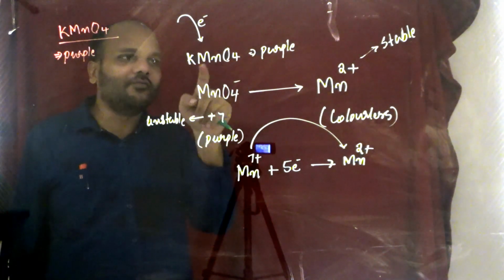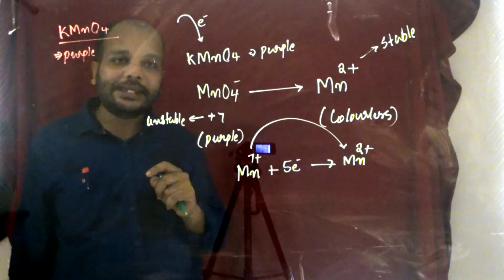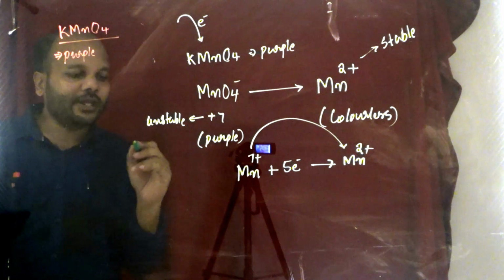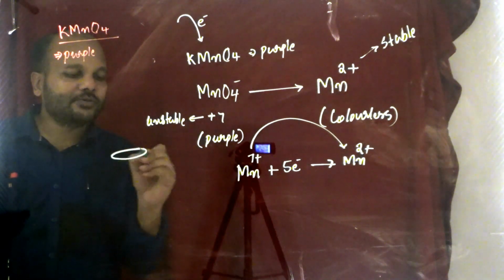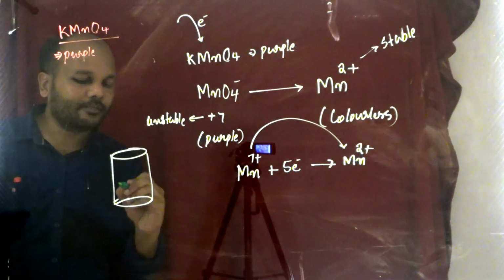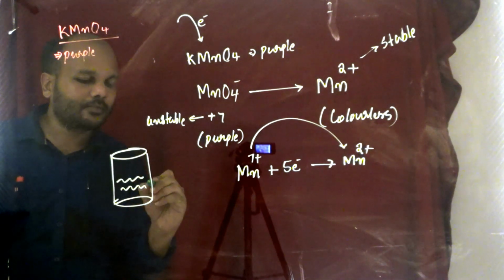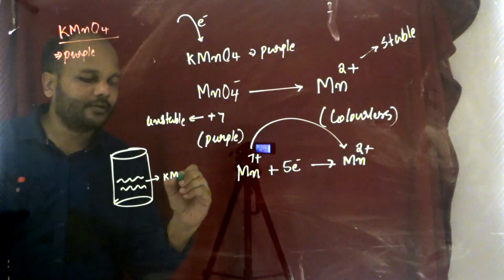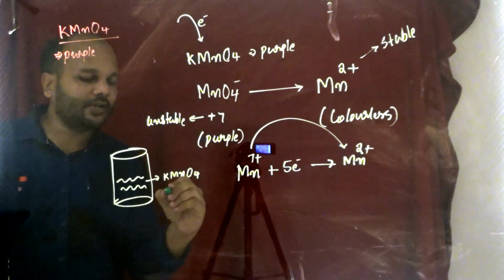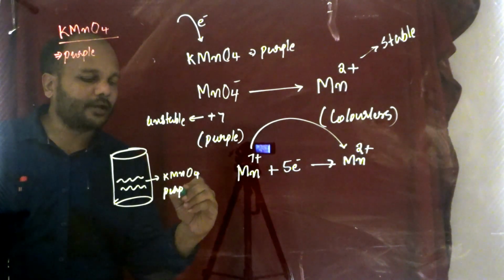How KMnO4 is a good indicator of redox reactions: consider a solution of KMnO4. I also need to tell you, this is purple color.